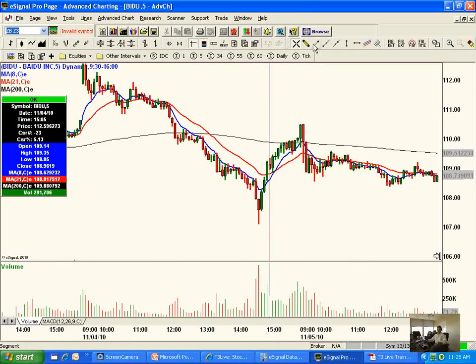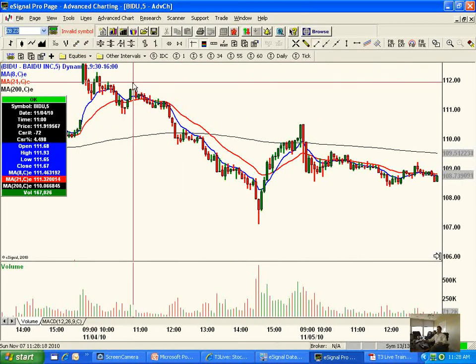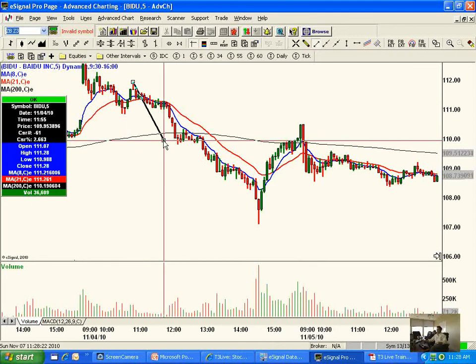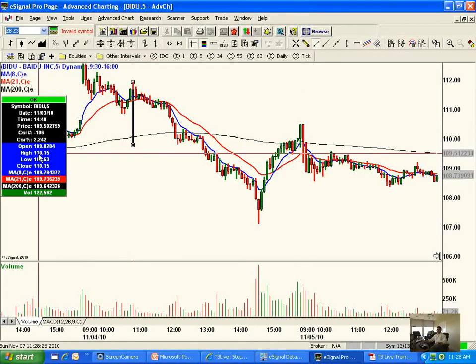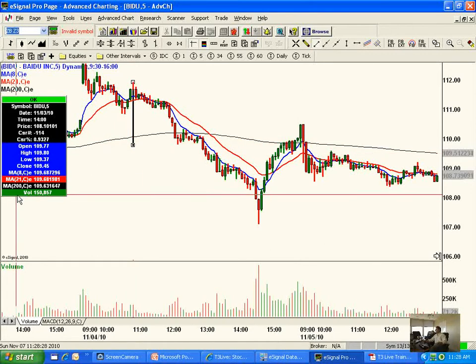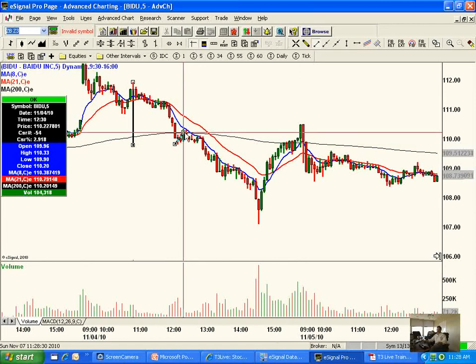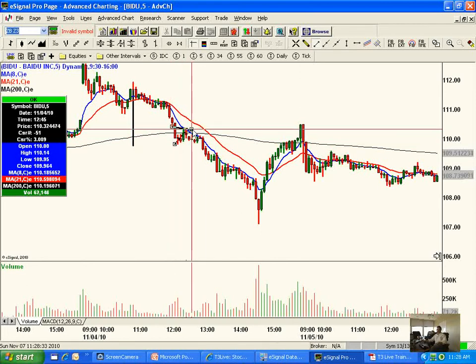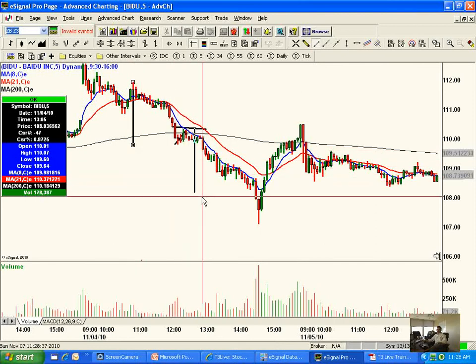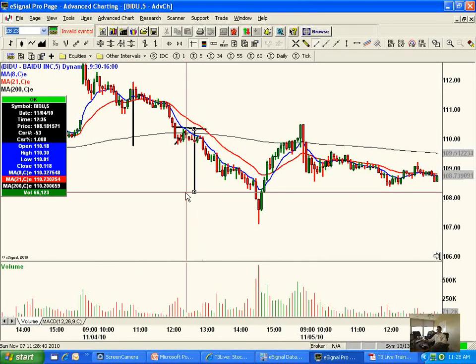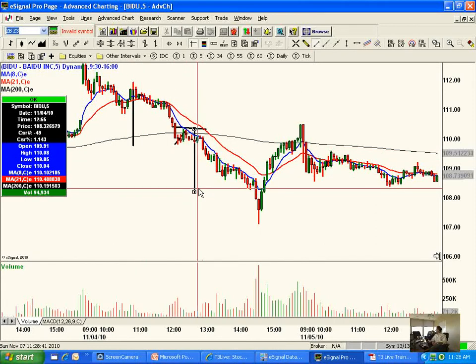Okay. The first distance traveled was from here to here, right? Stock went down that distance, right? It then bounced to here, right? This distance is your 100% extension.